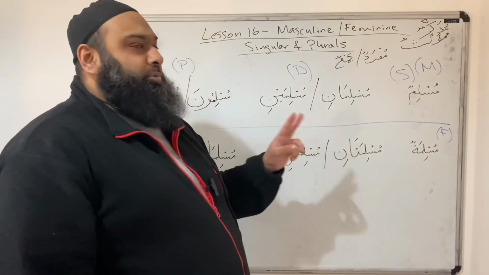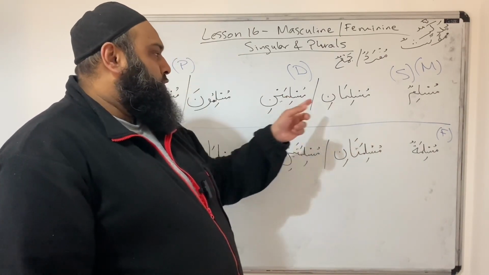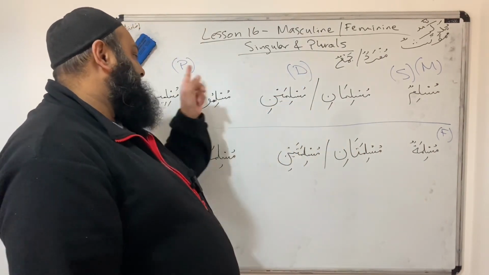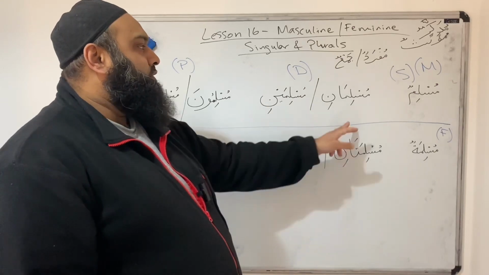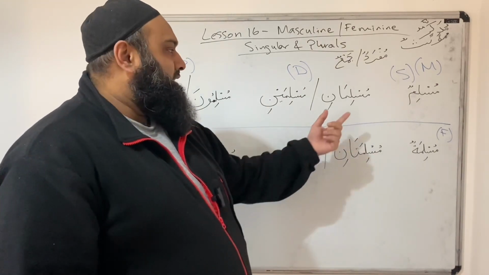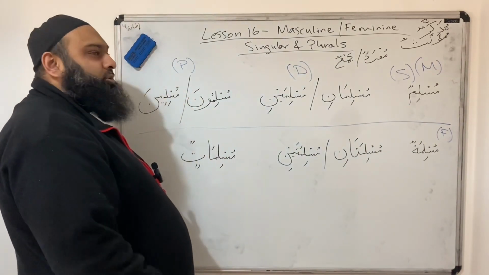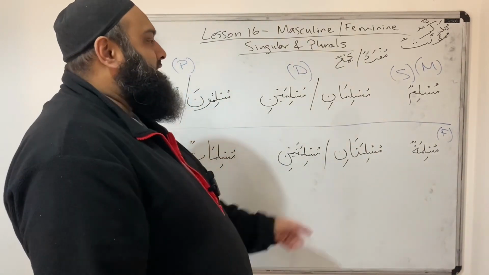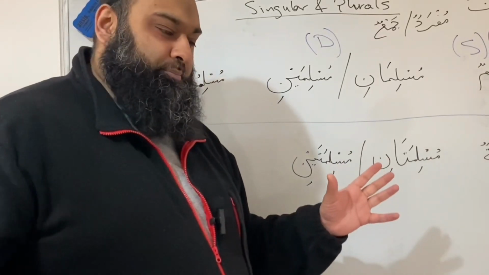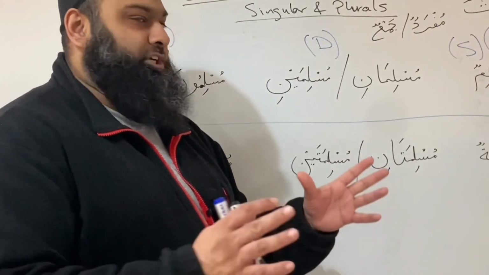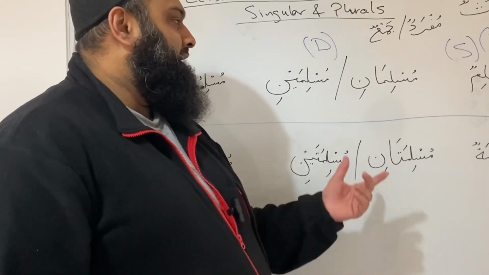So when you're referring to two people, there's two forms of this. As you can see, there's a slash here, and there's a slash for the feminine too. If you now have two Muslims together, it's called muslimani, and those who speak Urdu know they say Musliman. I think that's where the word comes from, because Urdu is a mix of Arabic, Farsi, Persian, English even, and other languages.